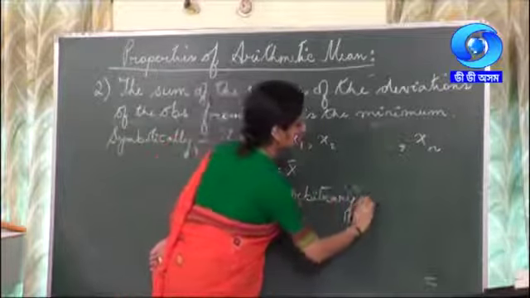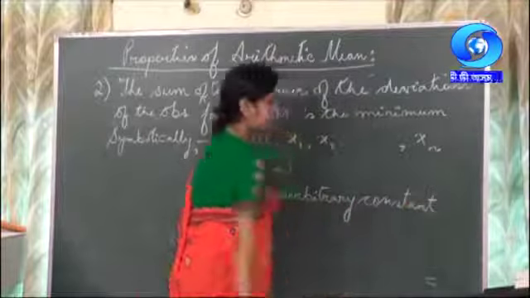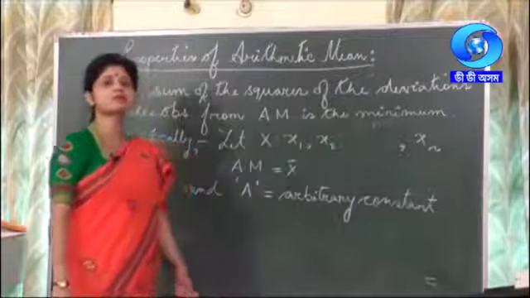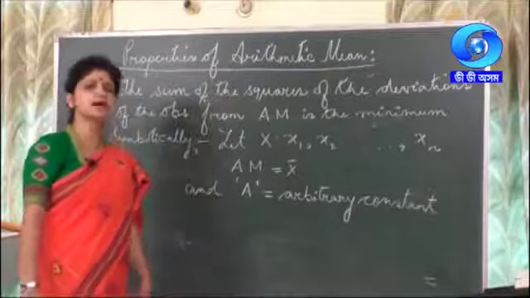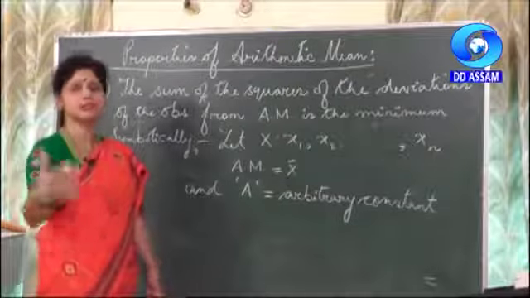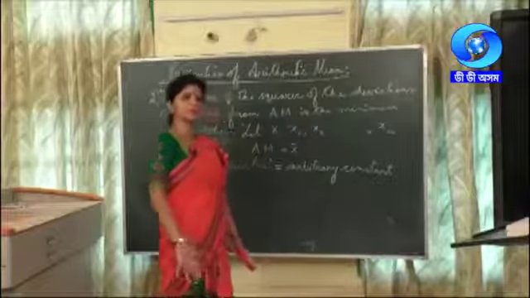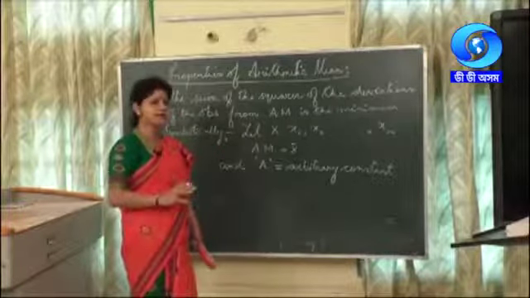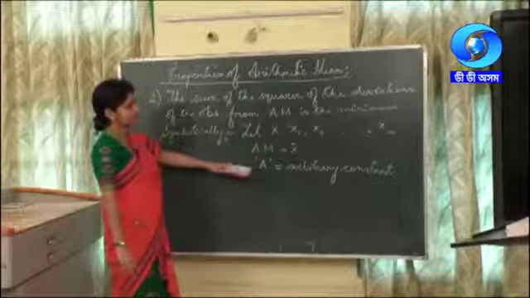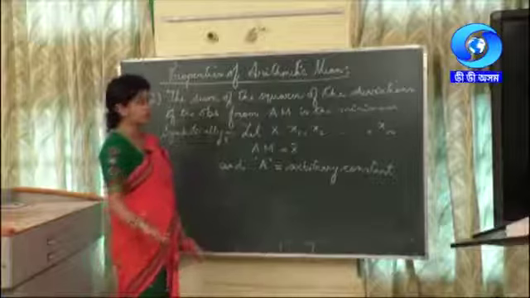That is, a is any constant number. By any constant, we may refer to any other measure of average. That is, it might be median, which we will learn later. It might be mode, geometric mean, harmonic mean, any other measure, or it might be any other constant. It might be assumed mean, whatever.